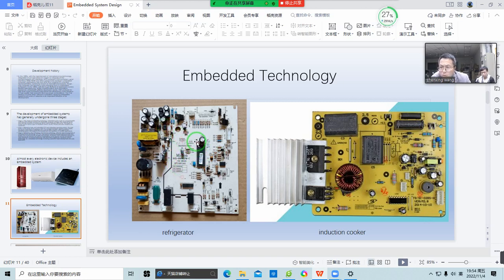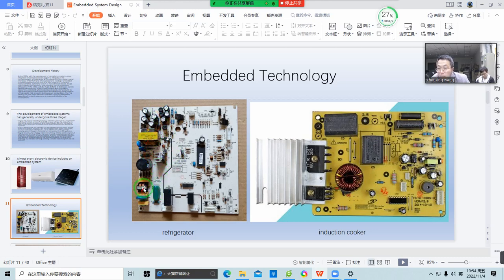And near this central processing unit, you can see there is a power switch. This is a kind of AC to DC switch. It will convert the AC power, such as in China, 220 volt AC, to DC voltage, only 5 volts.